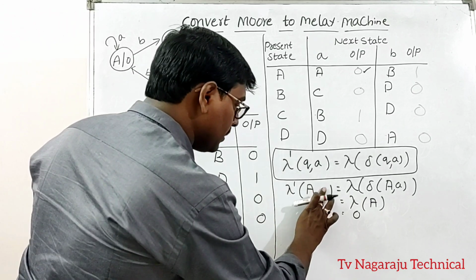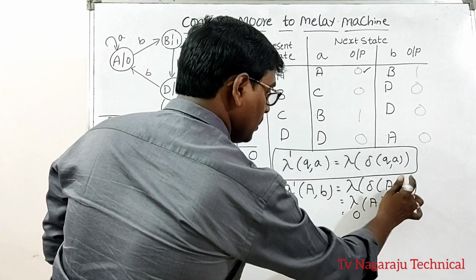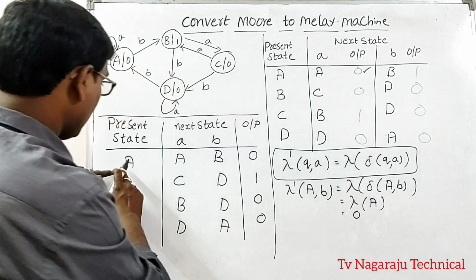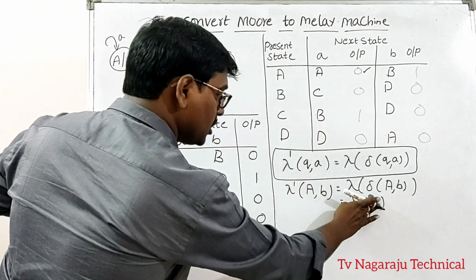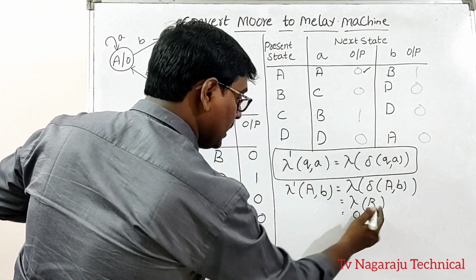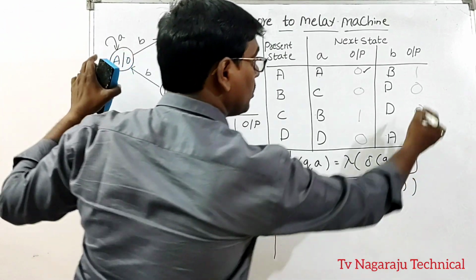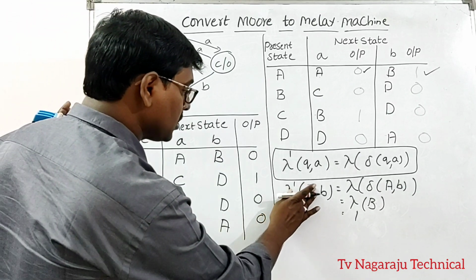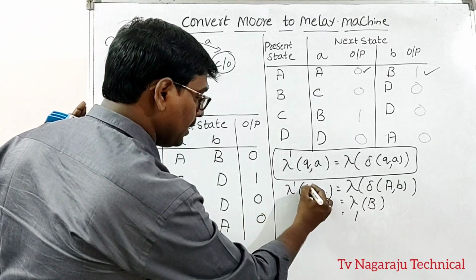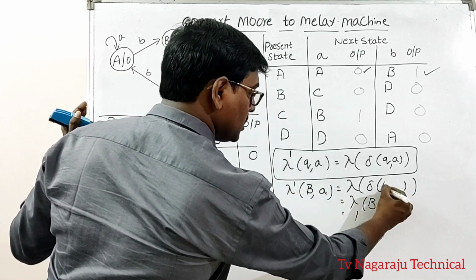Now check B. Now delta of a comma b, it moves to state B. What is the output of state B? 1. Now this one. Clear? In a similar fashion, capital B with input a, same procedure.